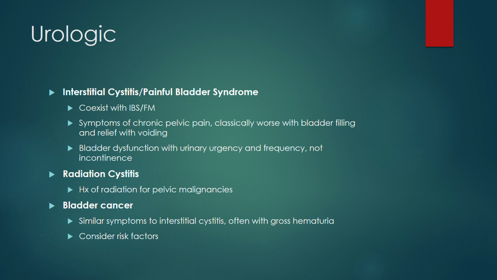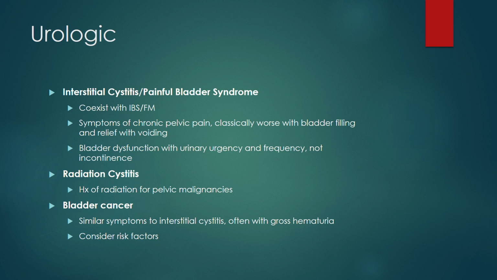You may get a history of certain foods or beverages making the pain worse. The classic symptoms are chronic pelvic pain that's worse when your bladder's filling up and then gets better after you pee. You may also have some urgency and some frequency, but not generally incontinence. So that points away from that picture.